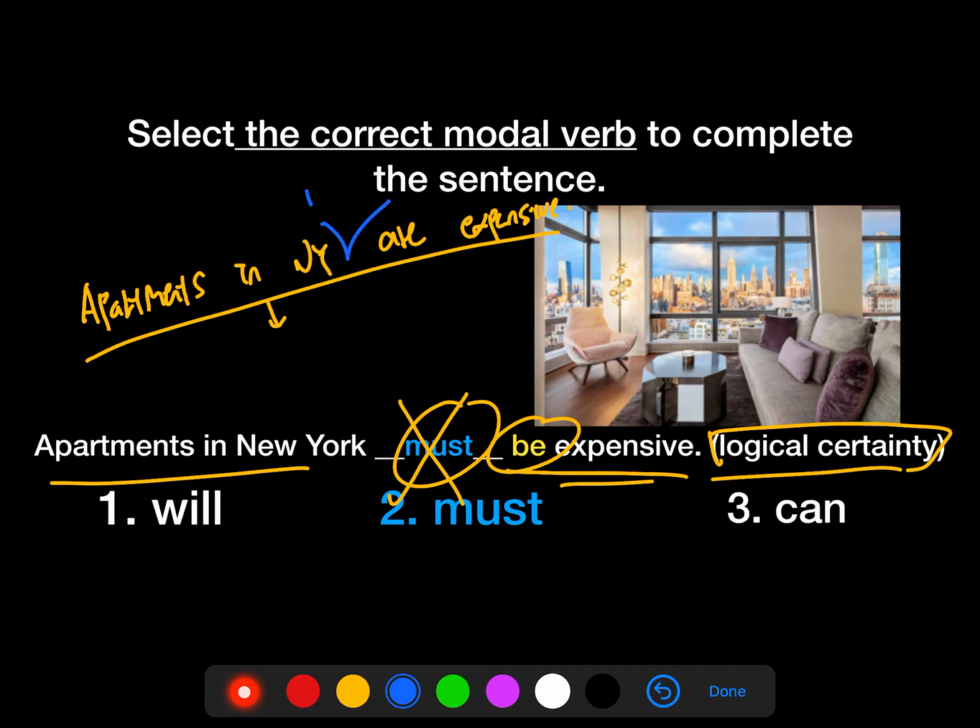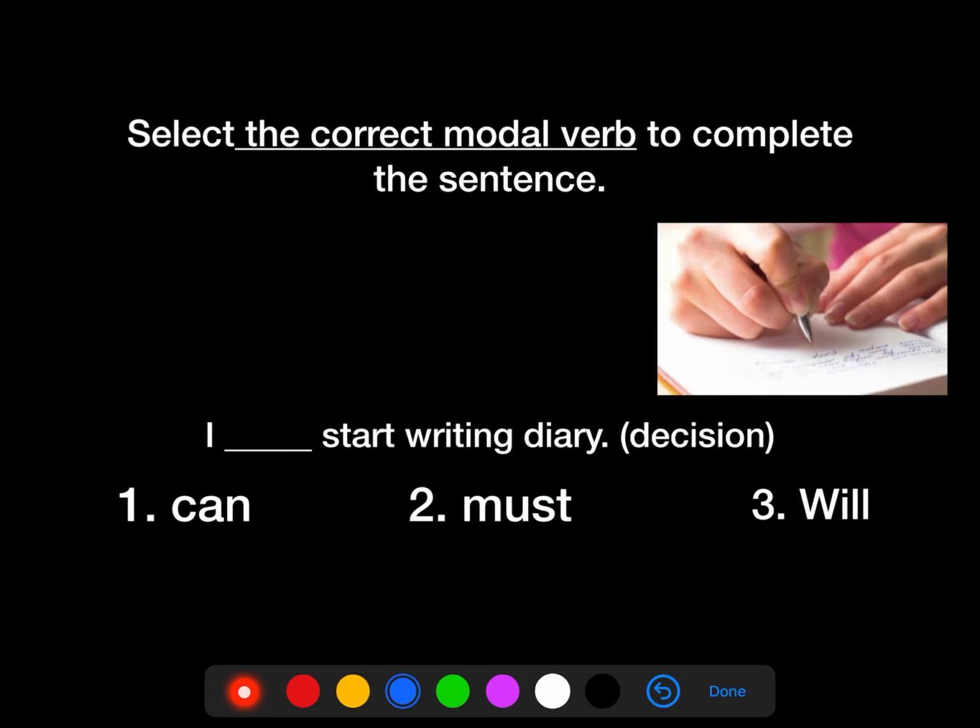So we should put must in here, right? Must. But we need to change are into a base form. What did I say? The base form of are is am, is, be. So don't be confused. Be is the right one. So must be expensive is the right answer. Very good. And let's move on to the next one.